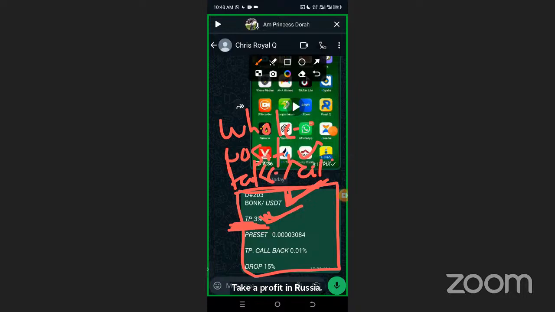And what you are interested in is the preset. These two down here, ignore them if you are going to use the start small and win big strategy.